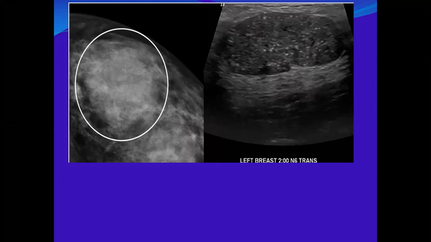So what about the ultrasound? Ultrasound shows a mass with an area of irregularity and indistinct margin laterally. It appears a little bit heterogeneous, and there is an area of calcification also appearing on ultrasound.